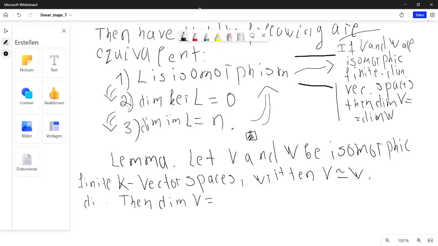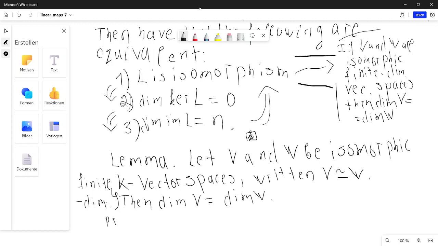But let's look at the argument. Finite dimensional k-vector spaces, right? The dimension of V is equal to the dimension of W, right?